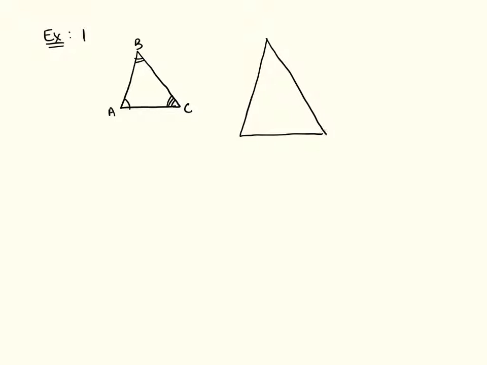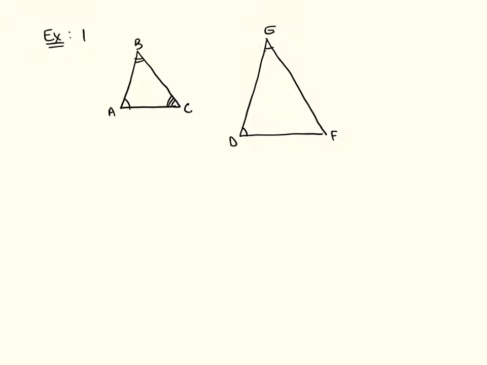Okay, so in your paper, we're going to start actually with example 1. For example 1, let's draw this type of triangle. This is going to be called ABC. And then we have this triangle, but this time it's going to be called DEF.